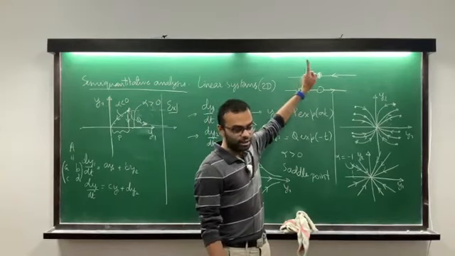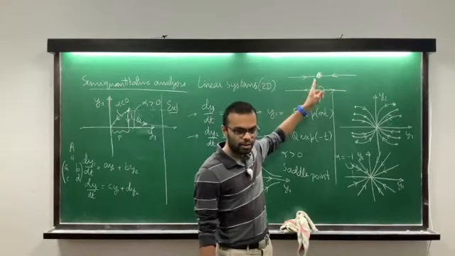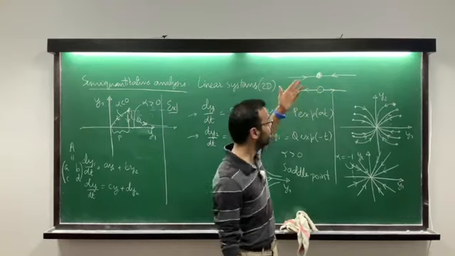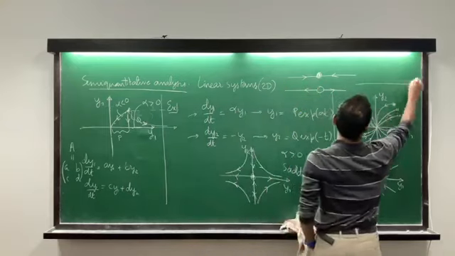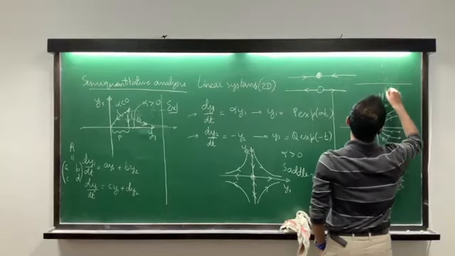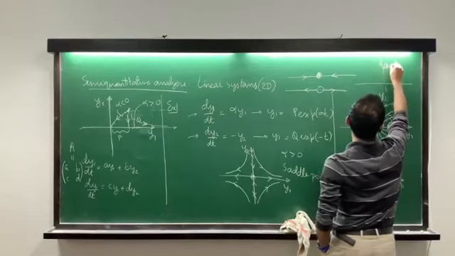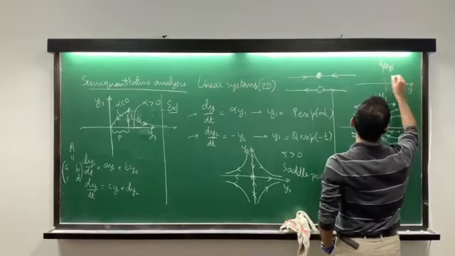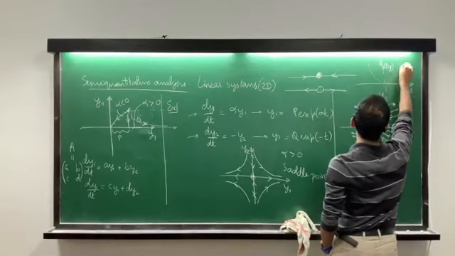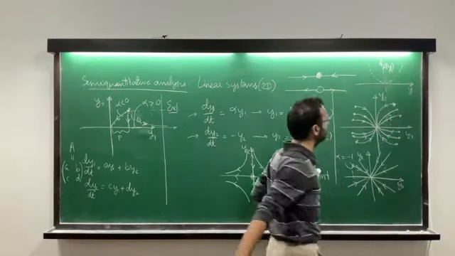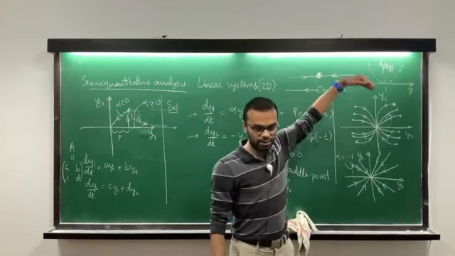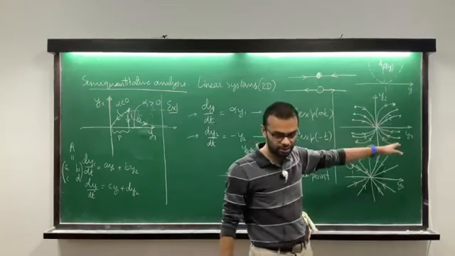For a 1D case, a linear system cannot have a saddle. Okay, when did a saddle come? If you remember from the 1D case, you only had a saddle if you did that f of y thing. If you do the f of y thing, a saddle will come only when you have a non-linear thing that looks like this. A linear thing will just be like this or like this, no saddle.